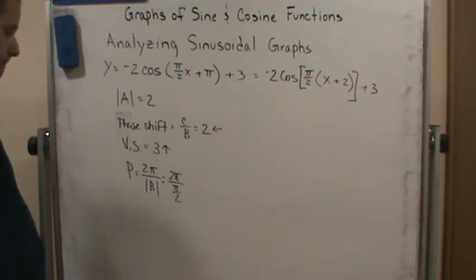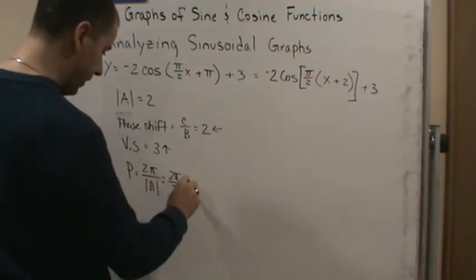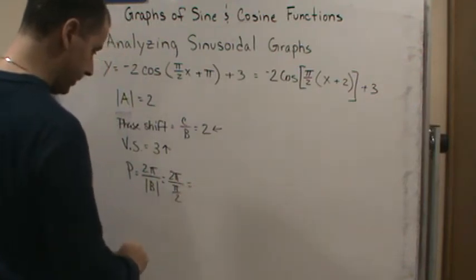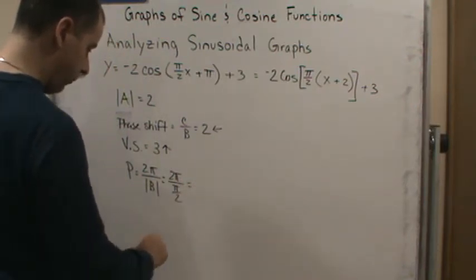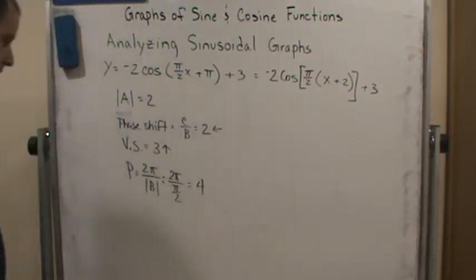Right? And so the period is 4. Okay, so now we've got everything we need to graph this thing.